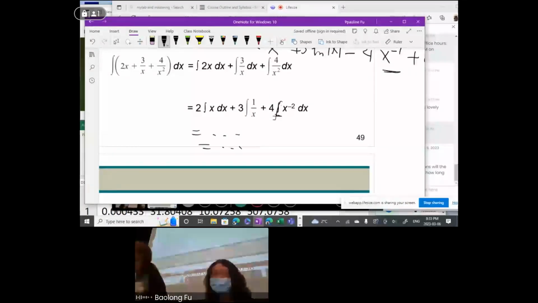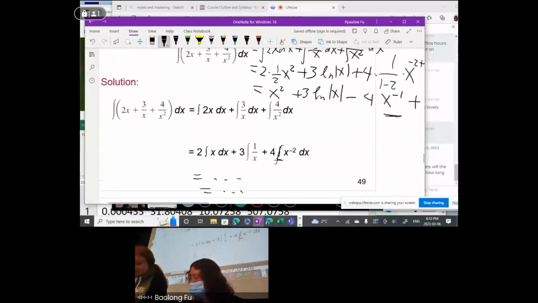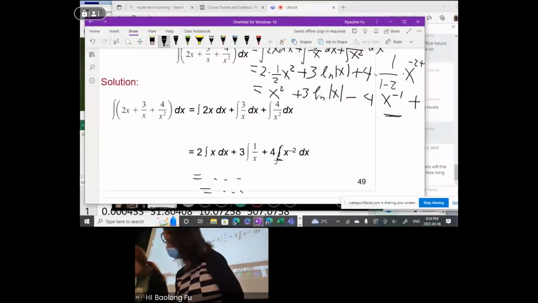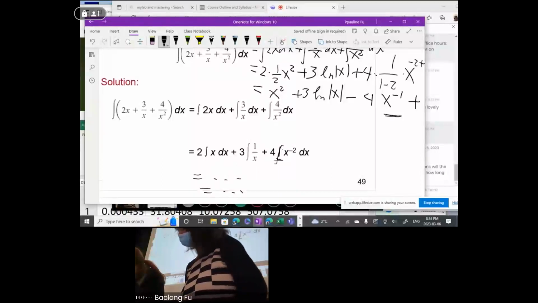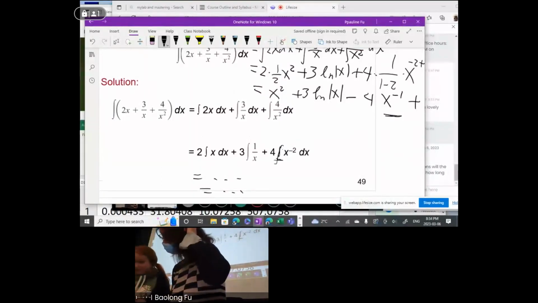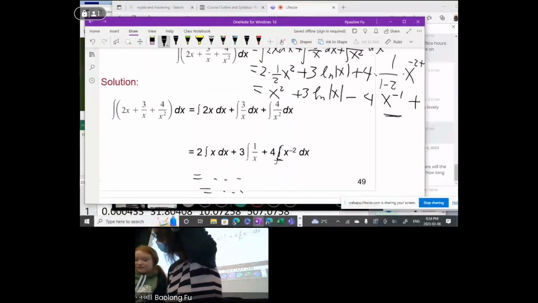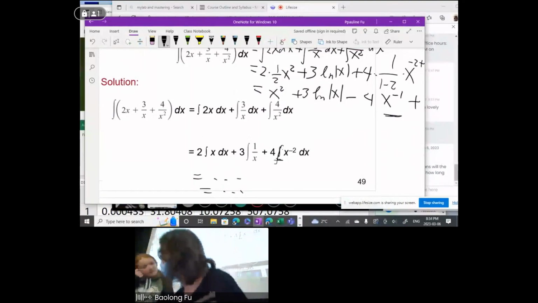Okay. And then for this stuff, how do you get dx? The derivative of this, how do you get dx? Isn't the derivative of 2x plus 4 just 2x, or 2? I got your question.